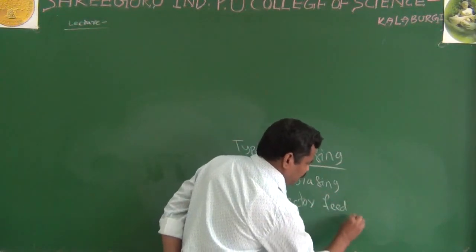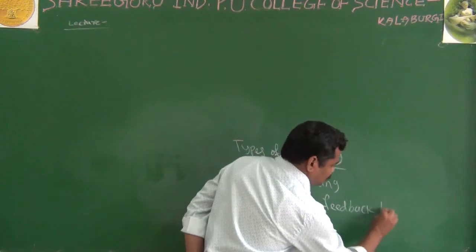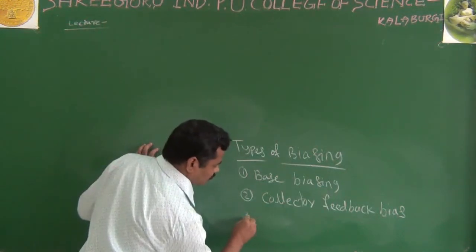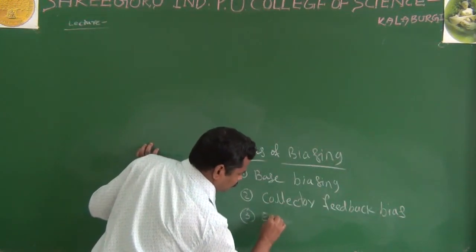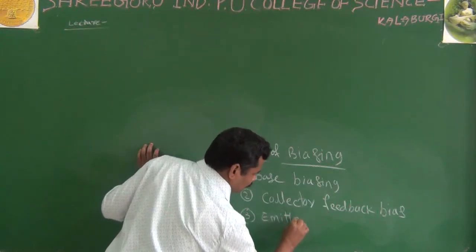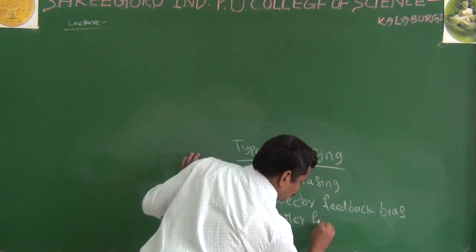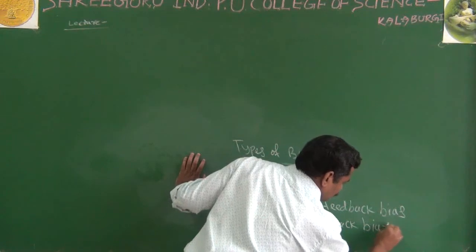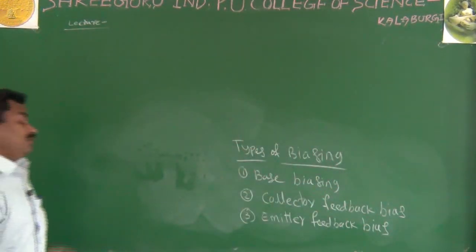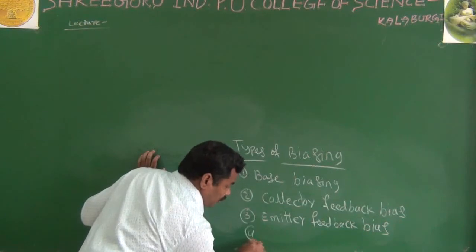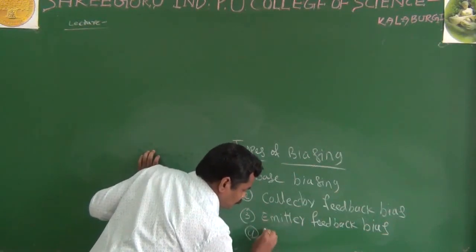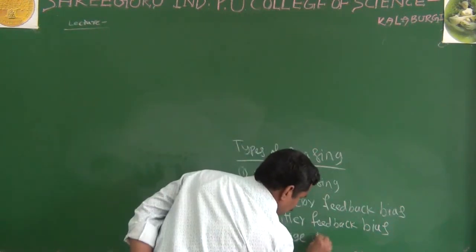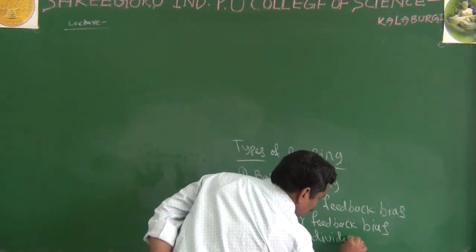The third one is emitter feedback bias. And finally, the last one, this is so important, is called voltage divider biasing.